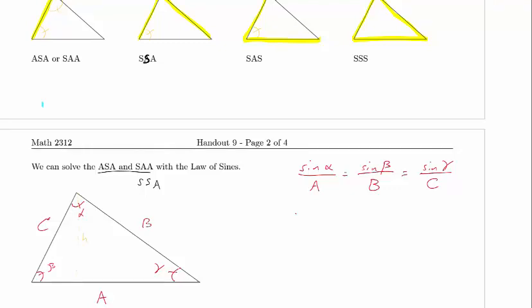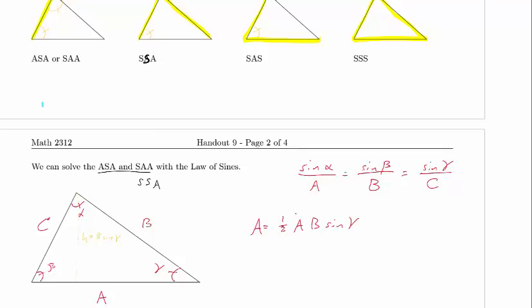So this would be the height, which is going to equal B sine gamma. The area of a triangle is 1/2 base times height, so it's simply 1/2 AB sine gamma.